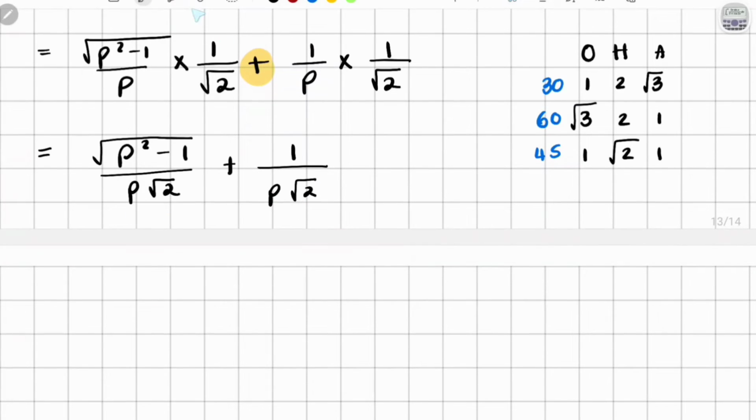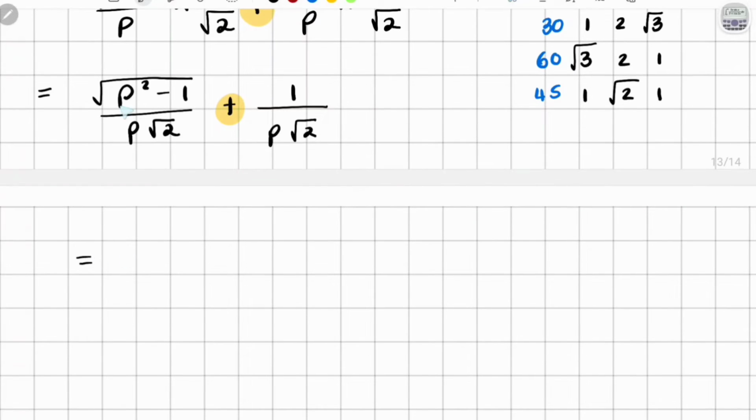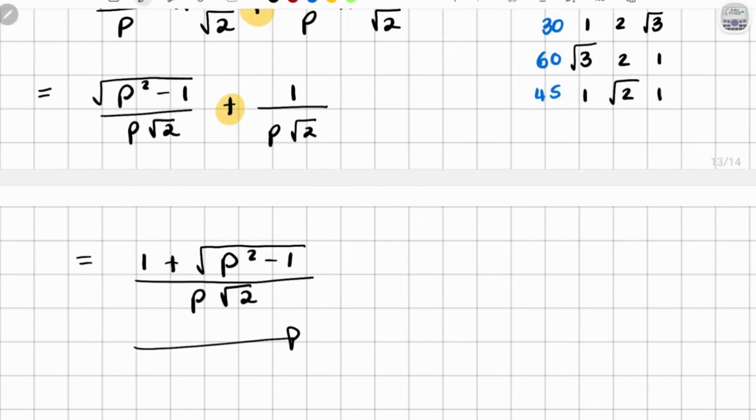You see the denominators are the same, so we can perfectly add them and leave the denominator the same. So that square root plus the 1, you can write it as the square root of p squared minus 1 plus 1. I'll just write it in the way that the calculator normally puts it if these were numbers. I'll put the 1 first. So I'll say 1 plus the square root of p squared minus 1 over p root 2. So there we go. That's the answer.